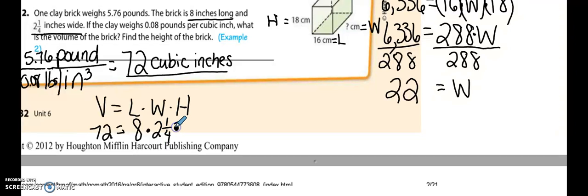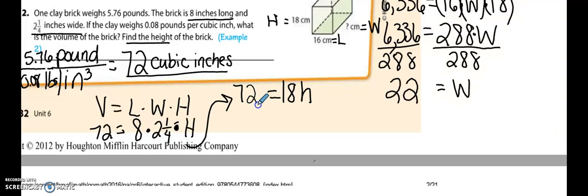And I do not know, and I'm trying to find the height. So now I'm going to multiply 2 1/4 times 8. I'm going to continue my work up here. So 2 1/4 times 8 is going to be 18H is equal to 72.